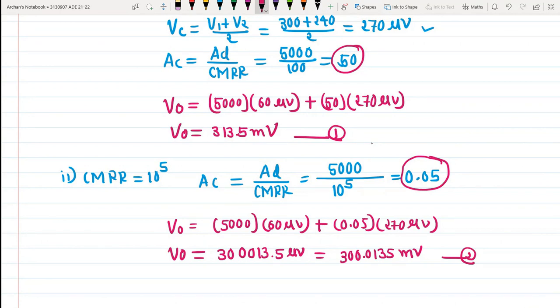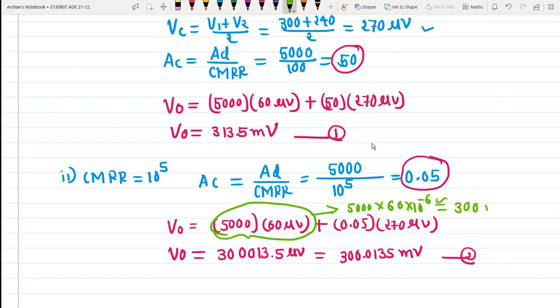Ideally we can say the common mode gain AC must be equal to 0 and the output should be only ADVD. So what is ADVD in this case? ADVD is equal to 5000 into 60 into 10 raised to minus 6, which is equal to 300 millivolt.